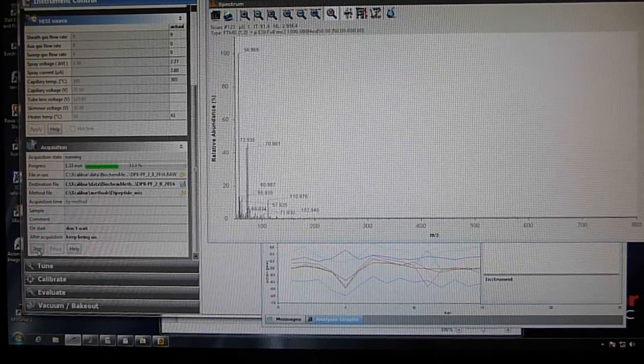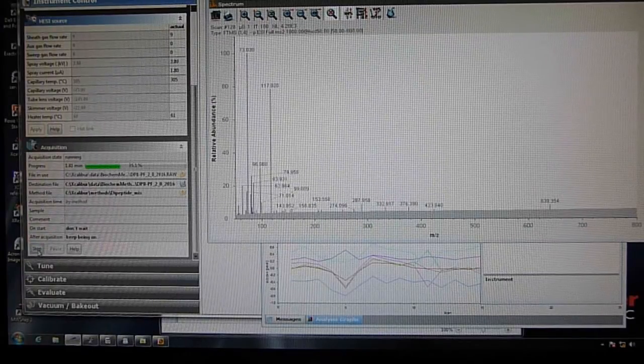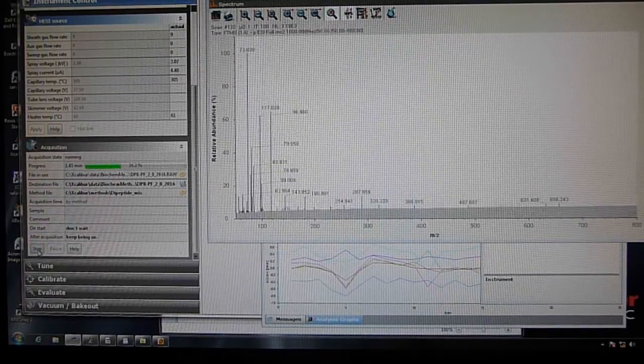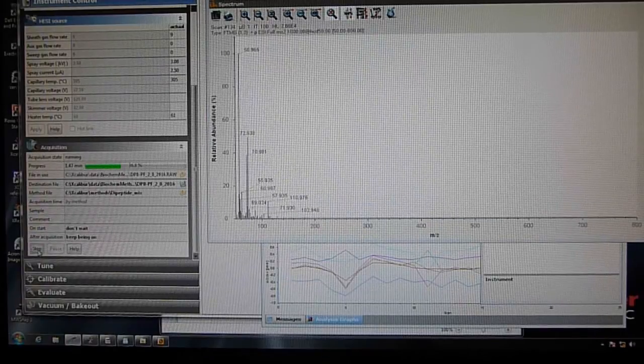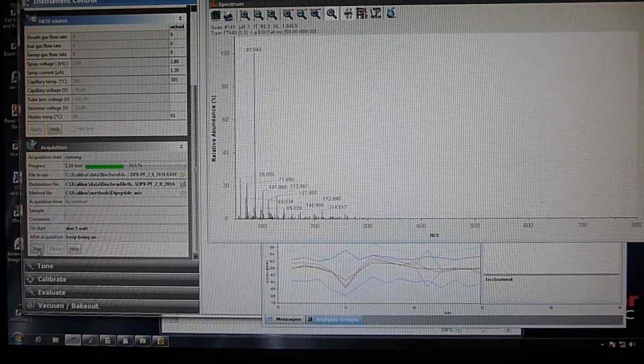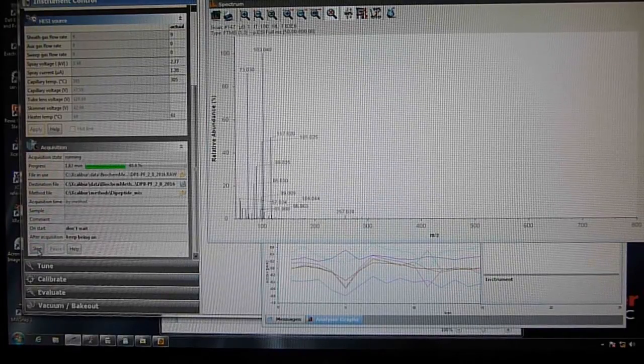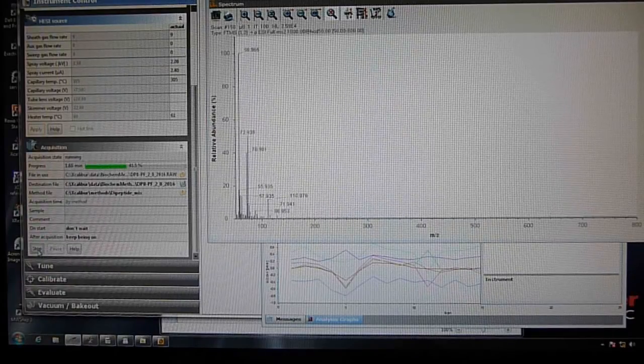In order to avoid spurious results, we're going to do another injection. It's always good to check these things. So in roughly 15 seconds, the sample loop will go back into its load position.